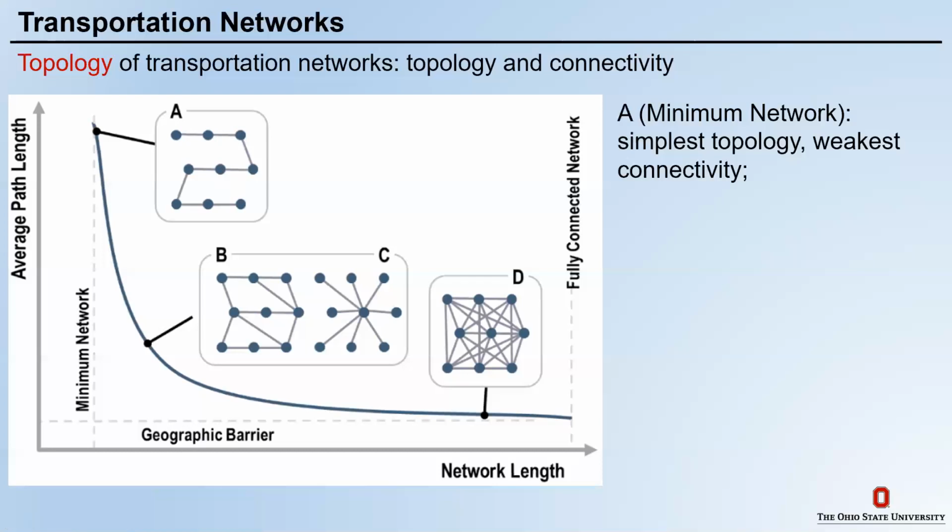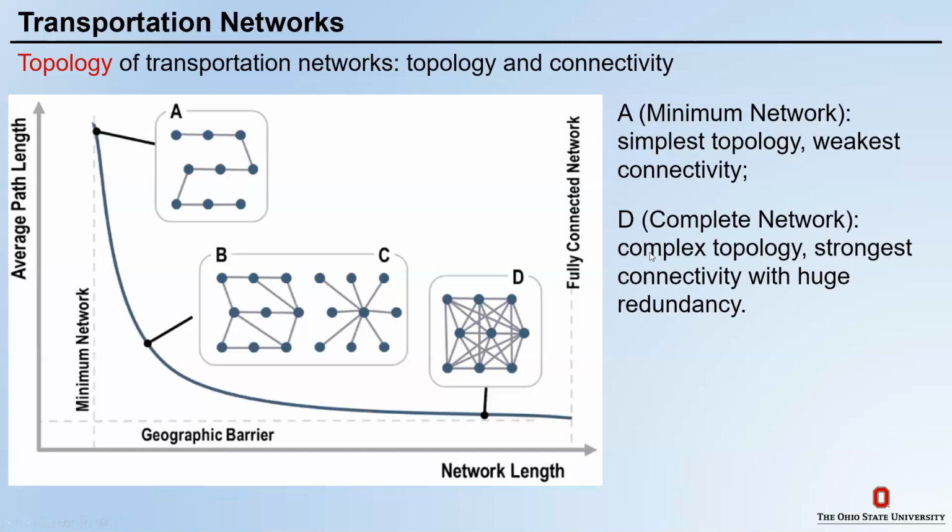Okay, that's the minimum network. On the other hand, another extreme here, graph D, or say network D, a complete network, which means that each node is connected to all the rest of the nodes. So complex topology, the structure is very complex.